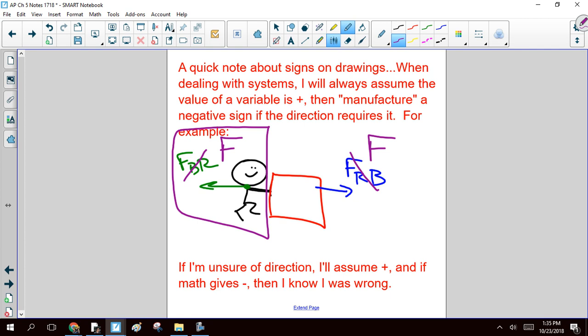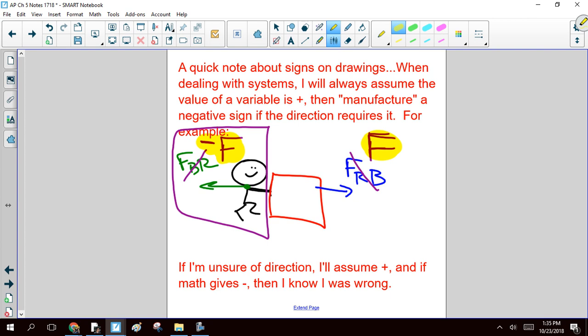This chapter, I'm not going to do that. When you've got a system like this, the problem is both of these forces can't be F, because if this is F, this is actually equal to negative F. So when you're using the same symbol, in this case F, to represent a force on two different objects, I will always assume that the value of that force is positive.